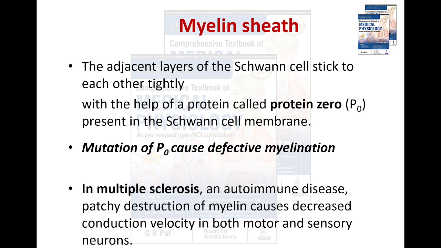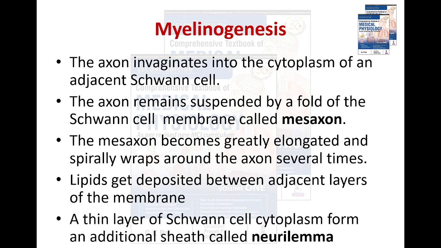A protein called protein zero, P0, is present in the Schwann cell membrane. Mutation of P0 causes defective myelination. Multiple sclerosis is an autoimmune disease with patchy destruction of myelin, causing decreased conduction velocity in both motor and sensory neurons.